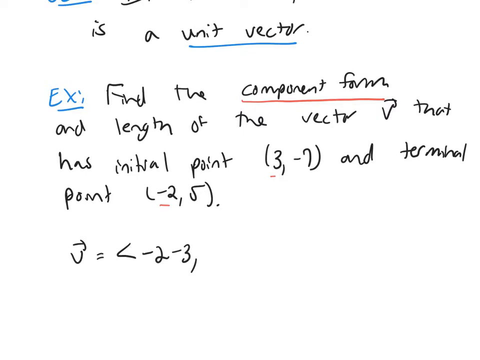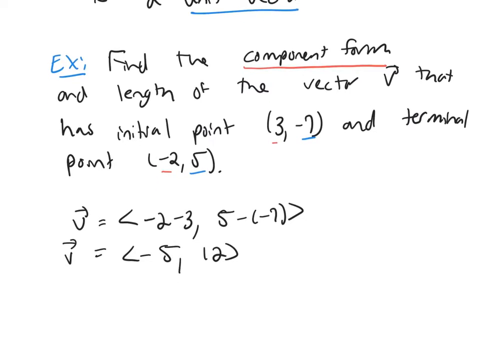Take your terminal 5 and subtract -7. So it'll be 5 minus a -7. So that gets me <-5, 12>. So that is the component form of my vector v.